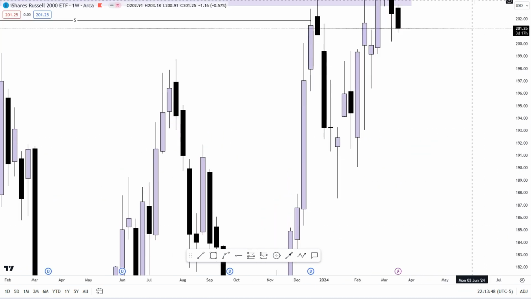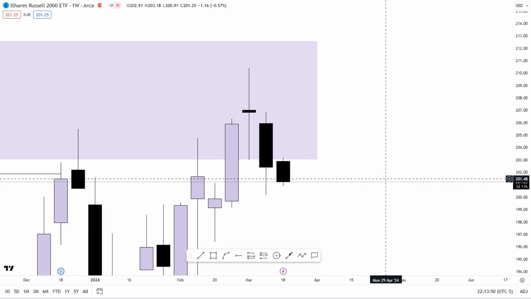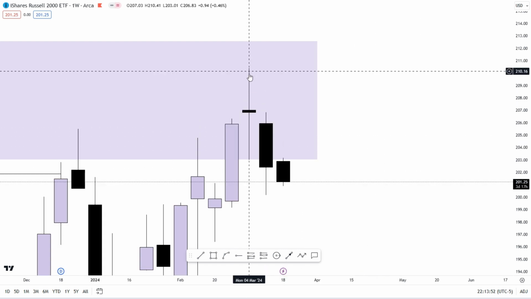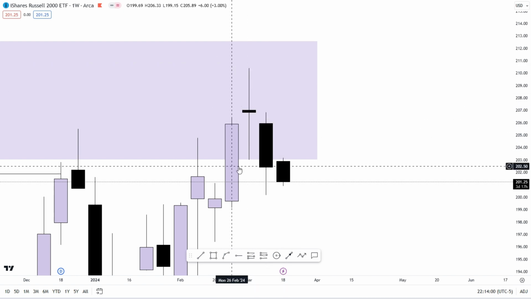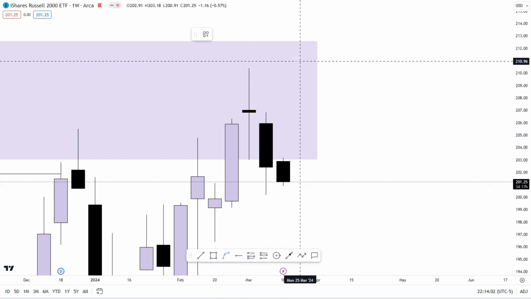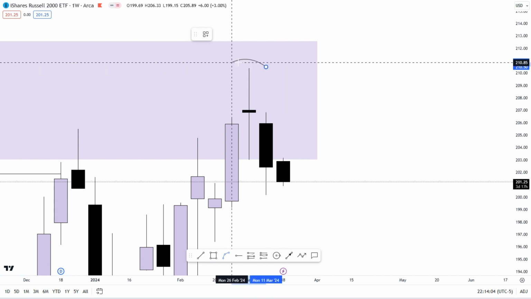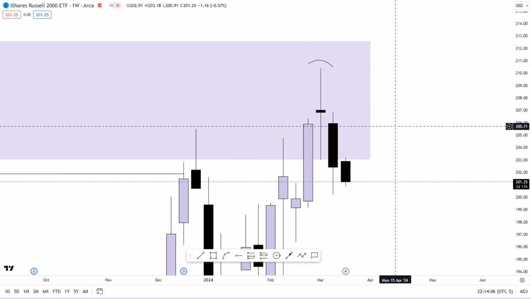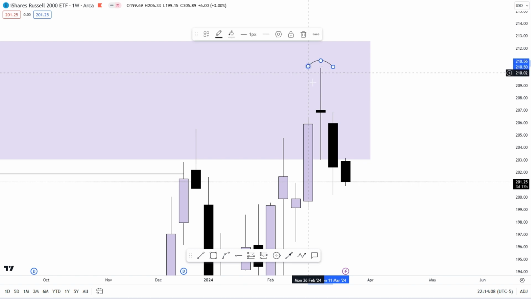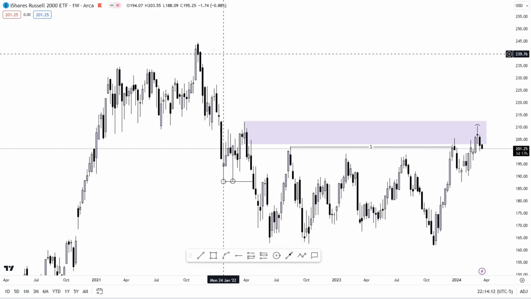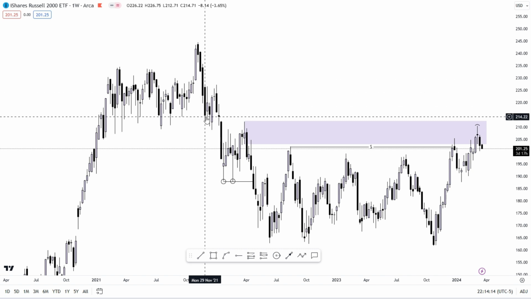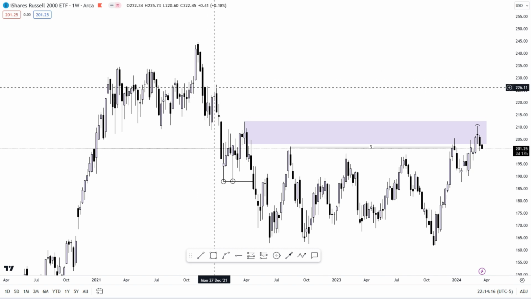And so 2 weeks ago, we see price trade up and trade down right here, initiating the possibility for a lower high to be created, right? If I draw this curve right here, we see that in this downtrend, price trades down, it creates a lower high right here.